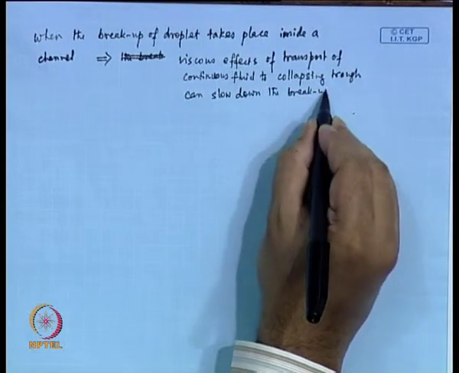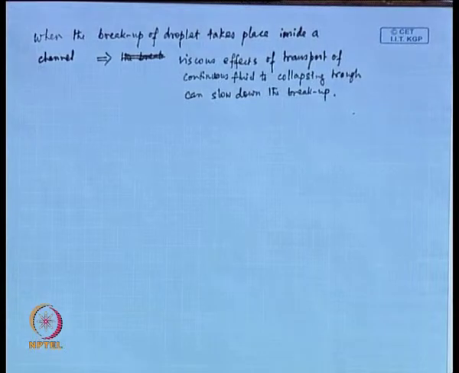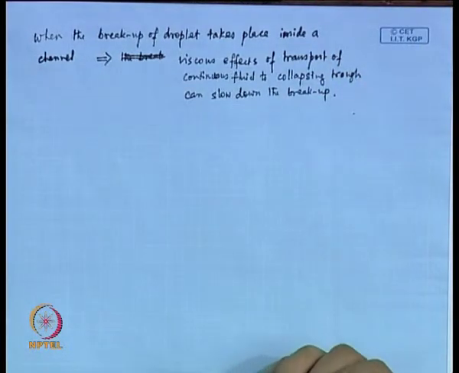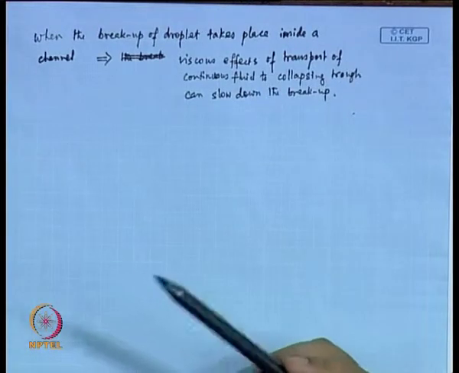Do you understand what I am trying to say here? In a dripping faucet you have an infinite medium through which the water is simply dripping. Now, if it does not happen that way, and instead you have a channel in which there is some continuous liquid and within that you are trying to create droplets, then if you are relying on this Rayleigh-Plateau instability to guide formation of droplets, you must appreciate that the breakup of the droplet is taking place because fluid is being transported from the peak to the trough to stabilize, or from the trough to the peak to amplify.